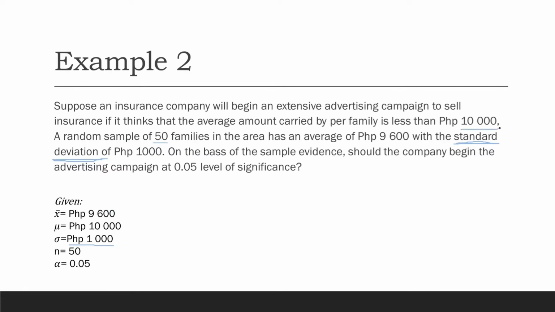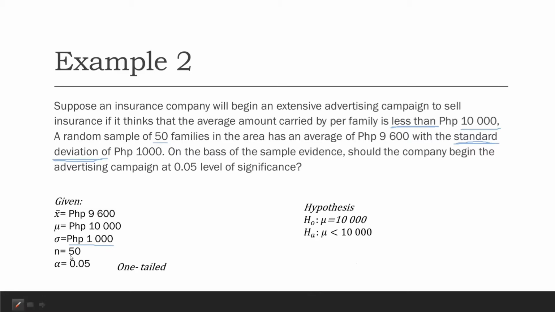And then yung alternative hypothesis natin, since we have the keyword less than, then the alternative is mean is less than 10,000. Since this is less than, automatic, this is one-tailed. So, the alpha is one-tailed. So, pag one-tailed na yung alpha natin, no need to divide the alpha by 2.